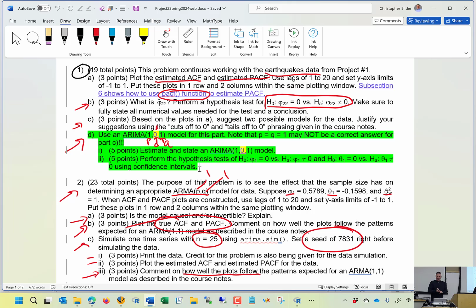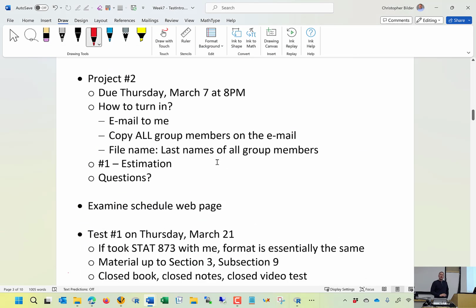Make sure you include alpha in your final answer, your alpha hat, I should say. Also do the corresponding hypothesis test for the parameters that we're estimating. Were there any last questions about the project?